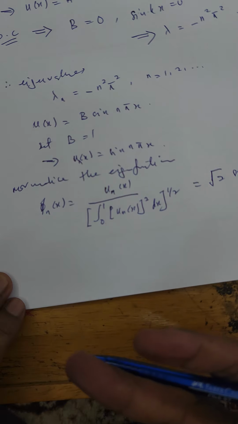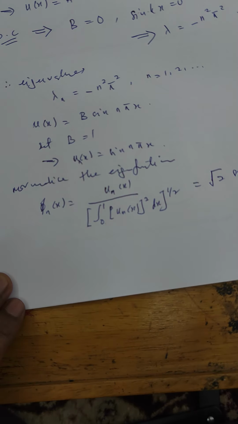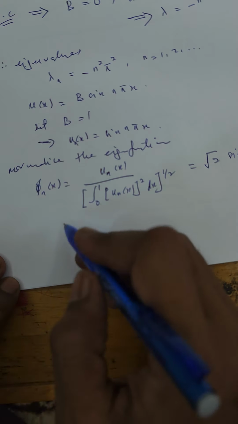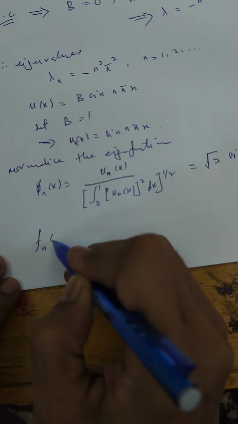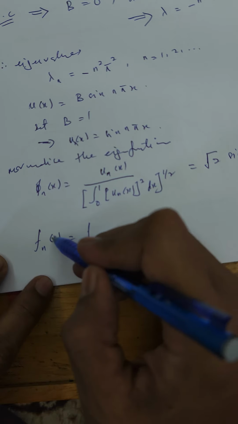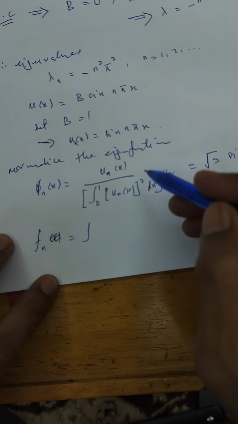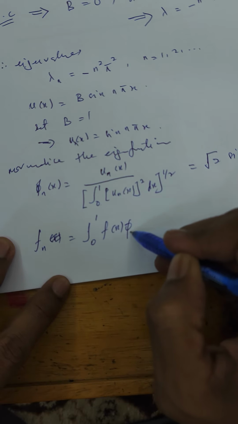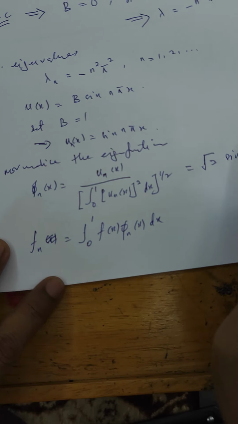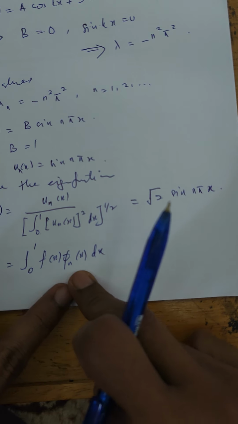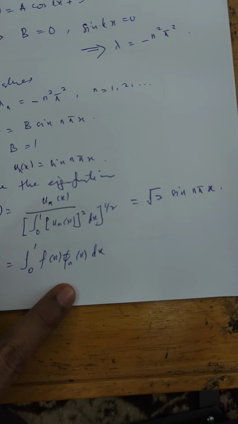Alright, now having obtained the normalized eigenfunction, hence we find the f n. So f n is given as the integral from 0 to 1 of f(x) phi n x dx. Substitute everything. We know what f(x) is. Our f(x) is x, right?